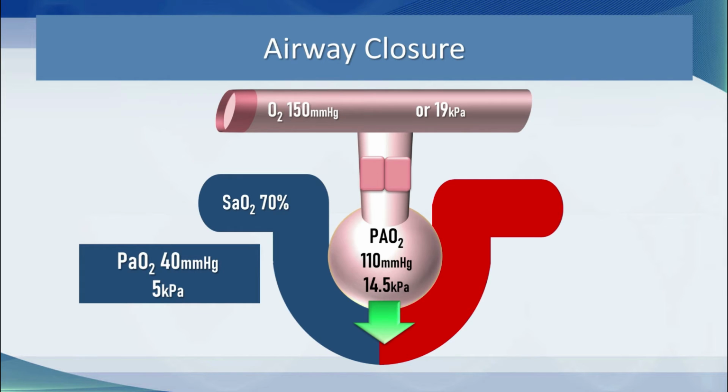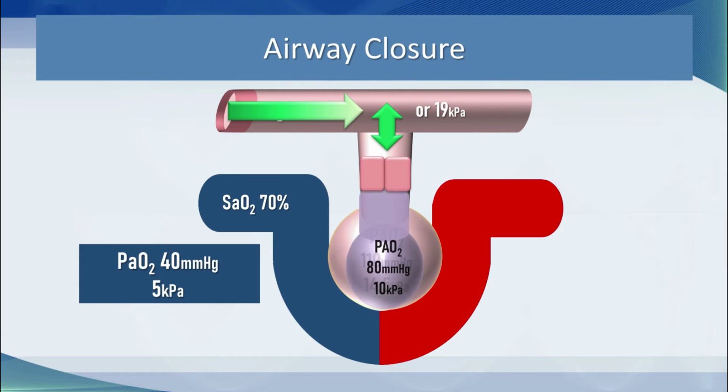So in this situation here, we have our continued gradient. Remember, there's going to be a gradient of alveolar oxygen to venous blood oxygen, even with relatively low alveolar oxygen tensions, because venous oxygen is only 40 millimeters of mercury. So what's happened here is we have airway closure during expiration, but gas is continuously taken up from the alveoli into the bloodstream.